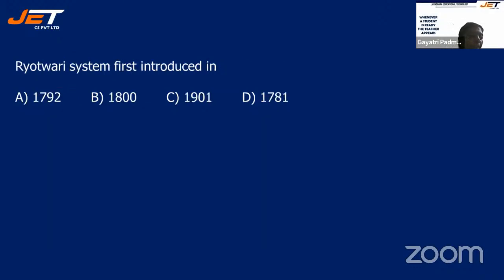See the next question. Rayotwari system was first introduced in dash. Let me quickly explain. The districts of Bellary, Anantapur, Kadapa, and Kurnool, all these are in Andhra Pradesh.